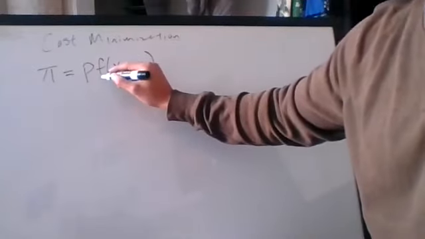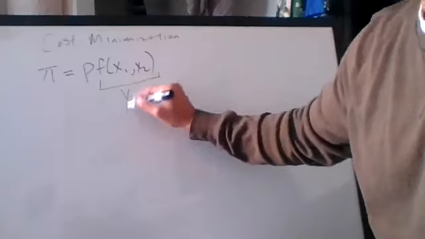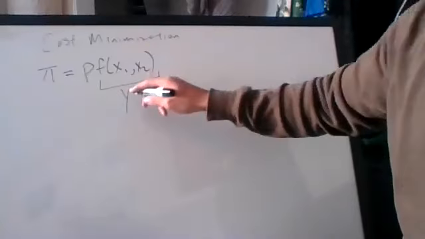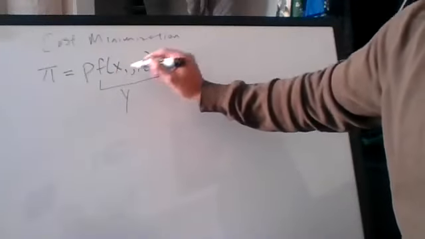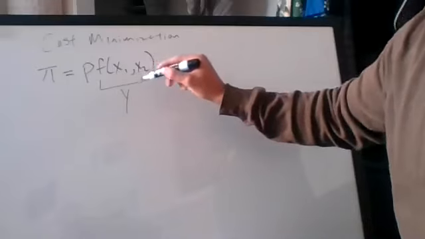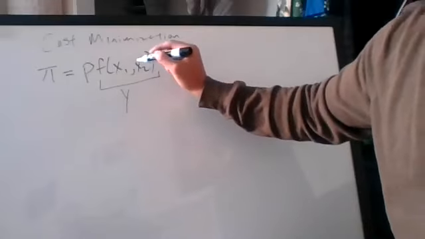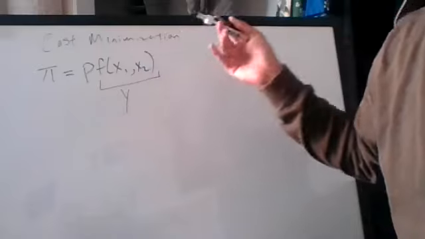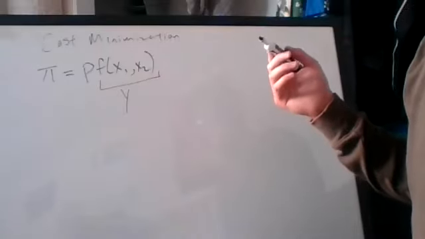And so the reason I write it in this way, right, this is equal to y. But the reason I write it in this way is because I want to show you guys that how much we produce is a function of however many units of input we're going to decide to utilize, okay?